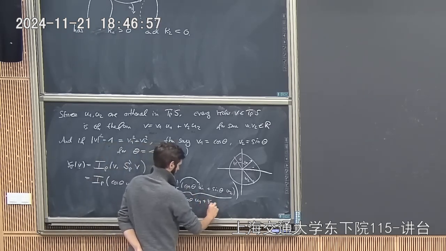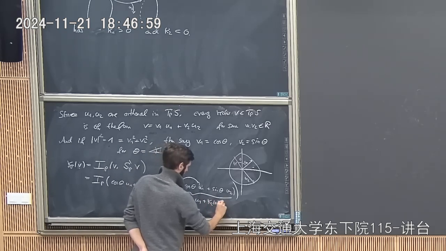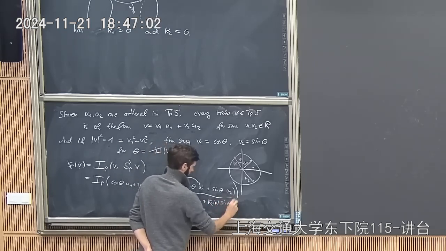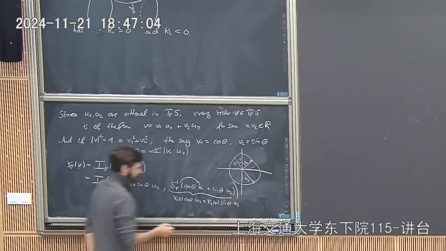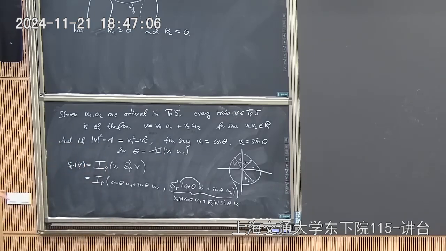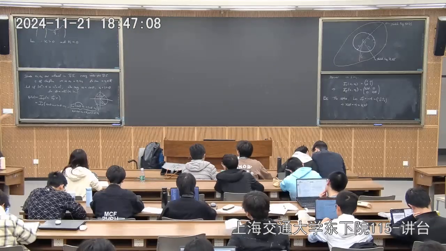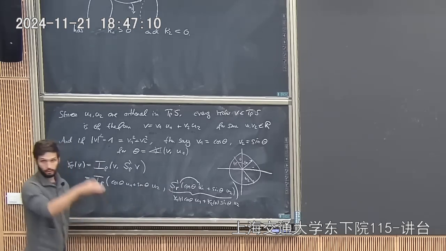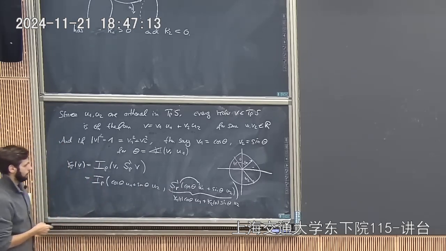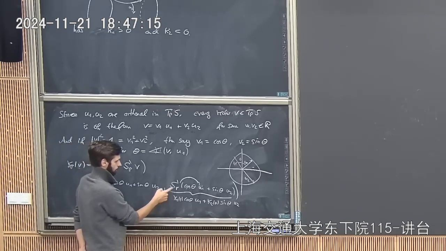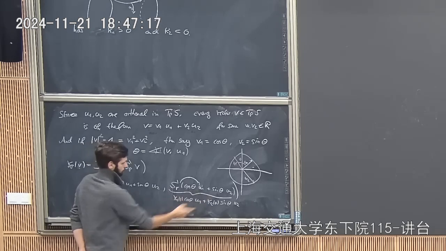And then we get the same expression with kappa 2 sine theta U2. So in the U1 and U2 direction, this operator just scales, that was by definition the operation of that operator on U1 and U2.